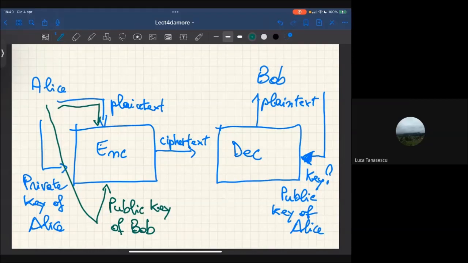Again, we obtain a ciphertext. And again, Bob wants to decrypt, and for getting back the plain text, Bob will be using the private key of Bob.